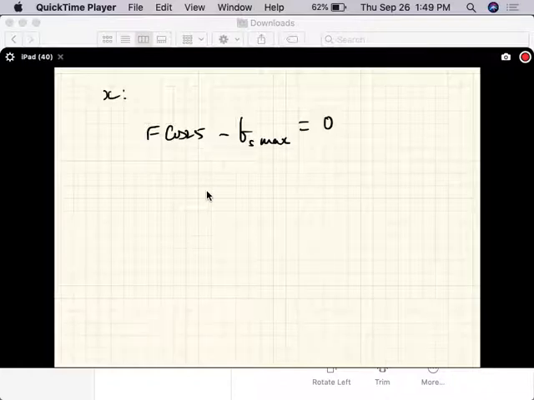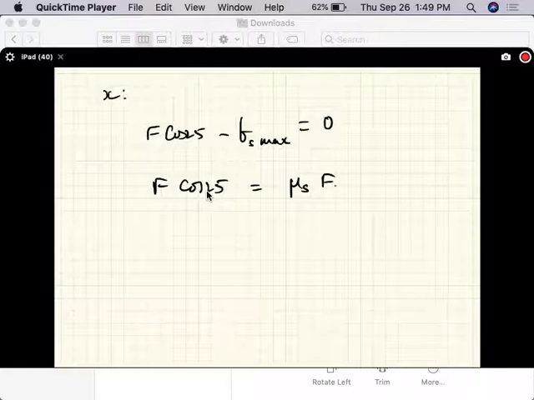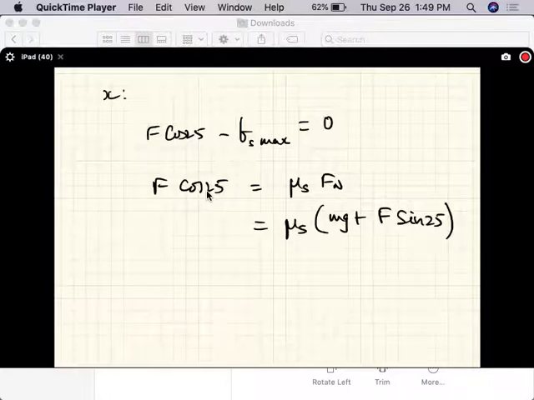Okay, F cosine 25 is fs max, which is mu s times the normal force, which is mu s times mg plus F sine 25.